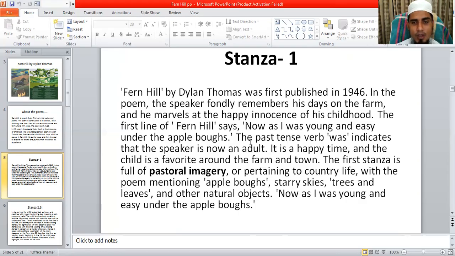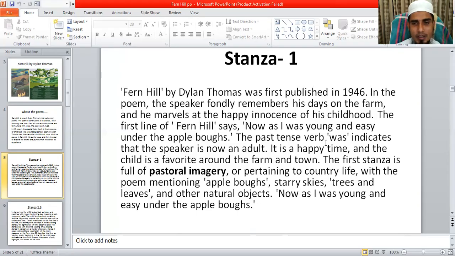He used the past tense verb "was", which indicates that the speaker is now an adult. As he is now an adult, he expresses his past events, how he spent his childhood in Fern Hill. He wants to express that emotion of the time of Fern Hill with us.